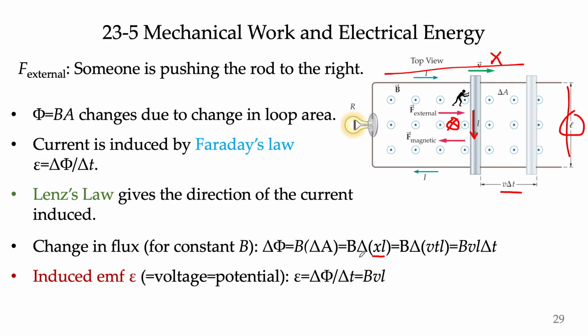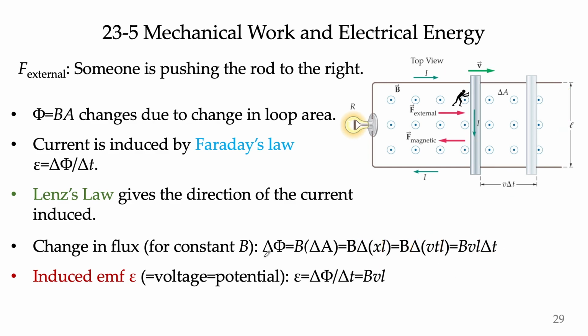What changes here is delta X, and delta X is V times delta T. This is from physics 1. Now V is constant, length is constant, so they come out of the delta, but time is changing, so we'll leave it like this.